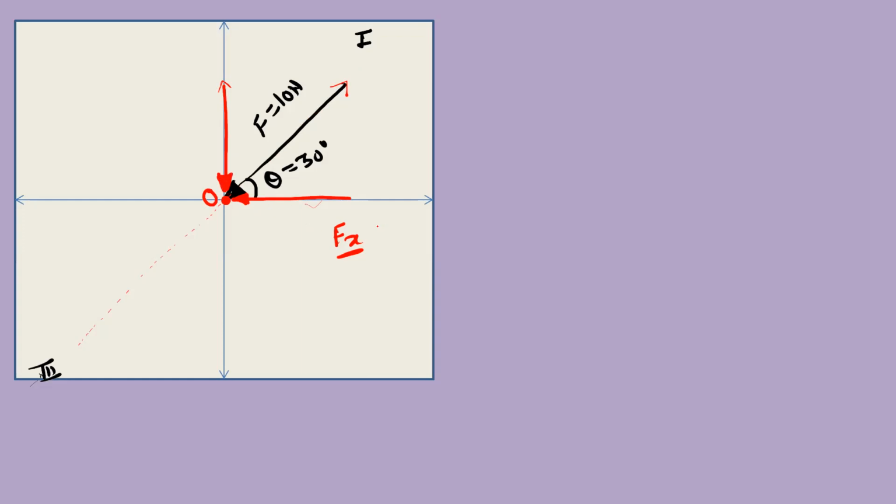Okay. Now for fx, observe theta, whether it is adjacent to fx or adjacent to fy. So theta is adjacent to fx. So fx is equal to f cos theta. And fy is equal to f sin theta. Okay. Now whenever we use these components fx and fy for the calculation, we have to consider the direction. Now observe the direction of fx.